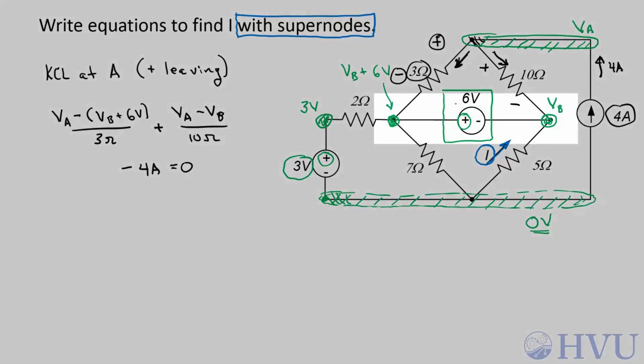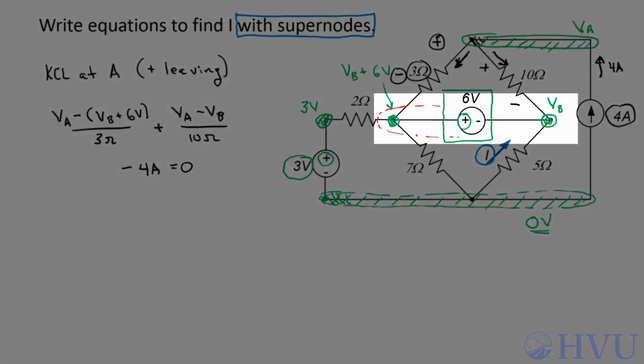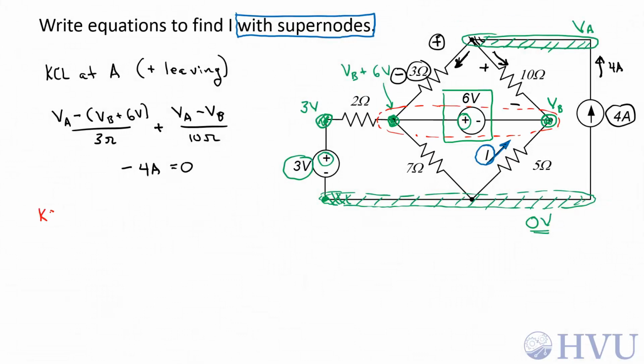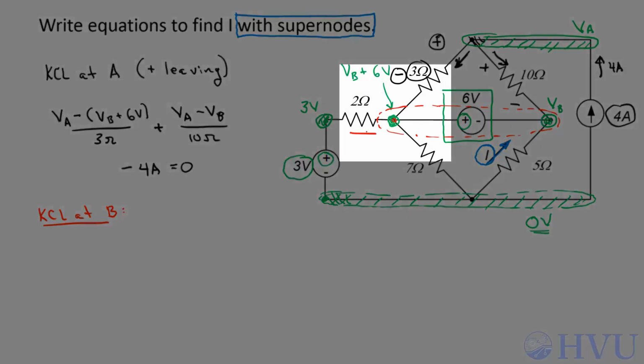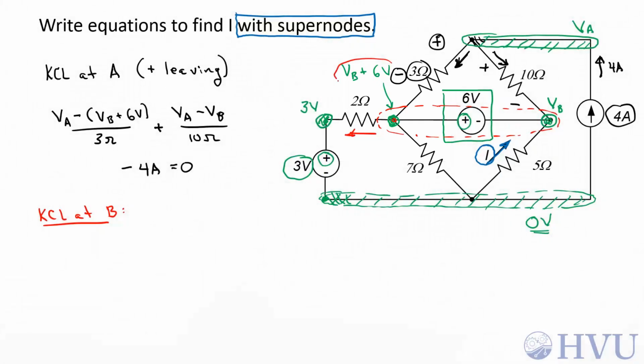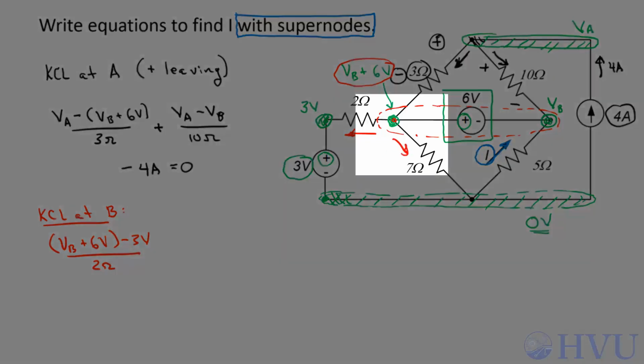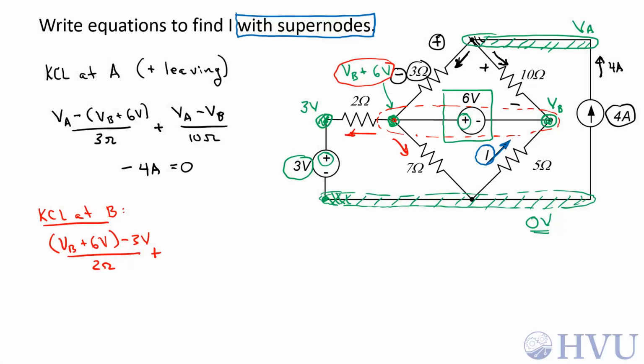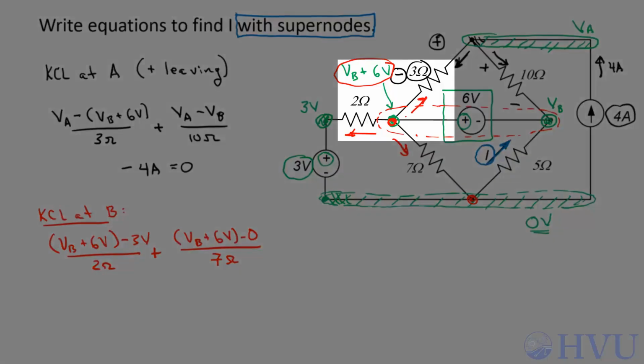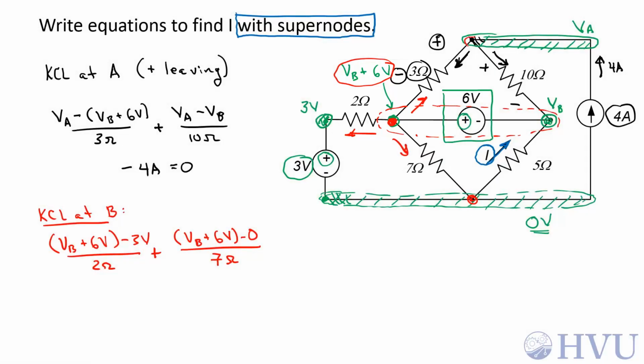Our only other independent node is this supernode B. So KCL at B. Again, I'll assume positive currents are leaving. Over here, this current is V sub B plus 6 minus 3 volts over 2 ohms, plus this current, which is V sub B plus 6 minus 0 over 7 ohms, plus this current, which is V sub B plus 6 minus V sub A over 3 ohms.